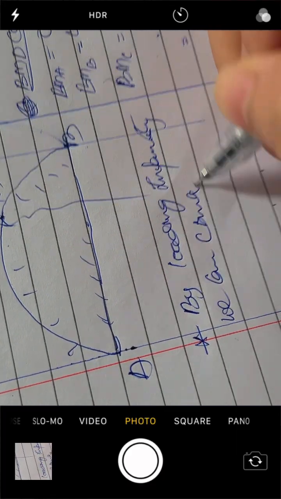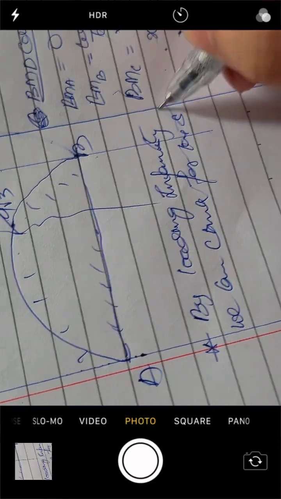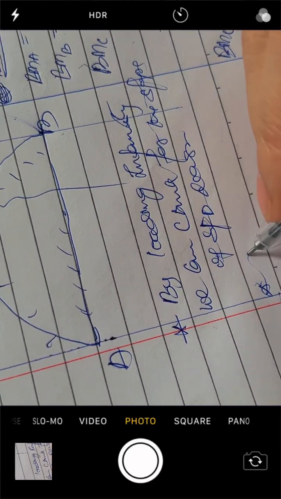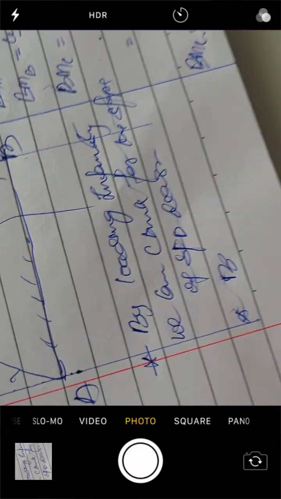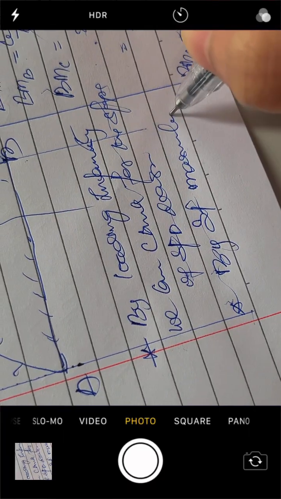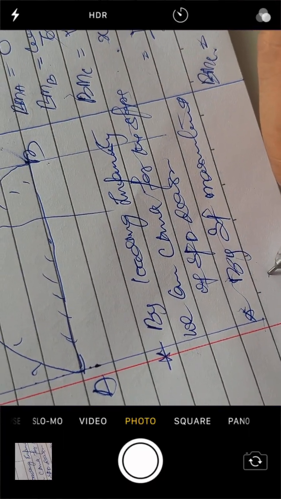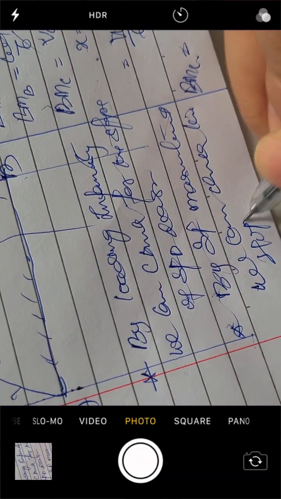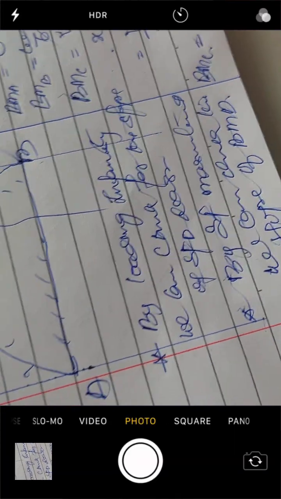You can write down some points by loading intensity. We can check the slope of the SFD. By the SF magnitude we can check the bending moment. We can check the slope of the BMD.